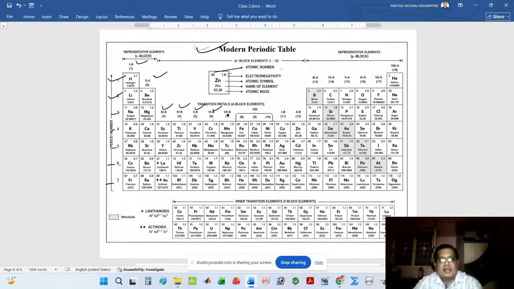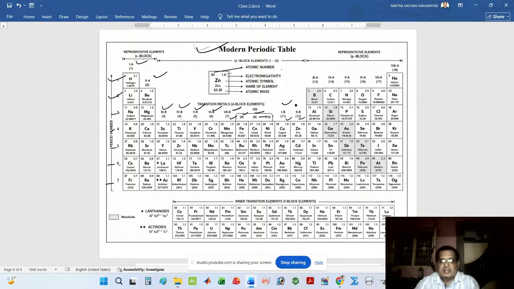These are the names of the groups. The seventh column is denoted as VIIB. Remember here the 8th, 9th, 10th, these three columns are named as group VIII. Next, the 11th column is called IB.